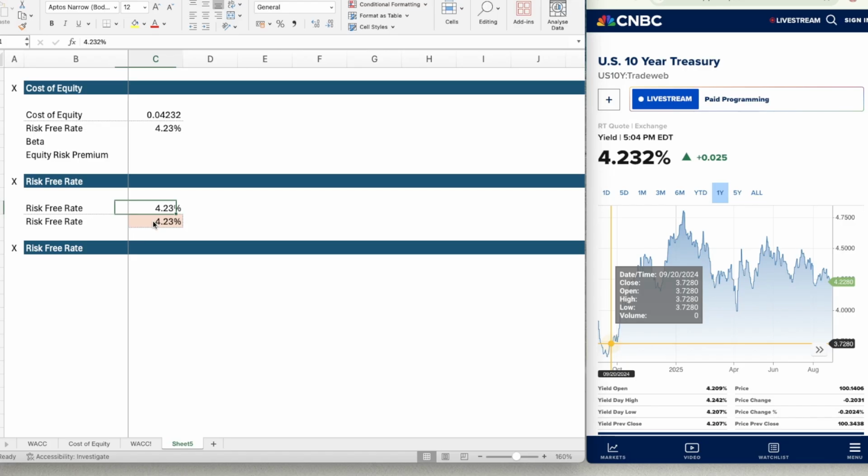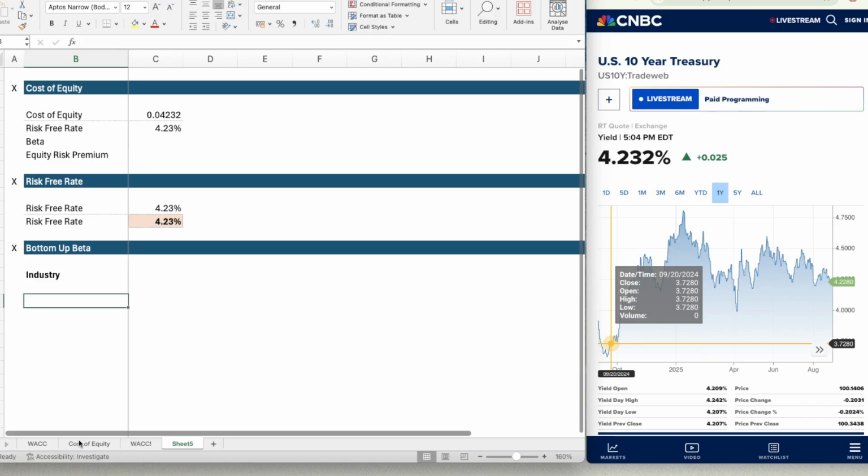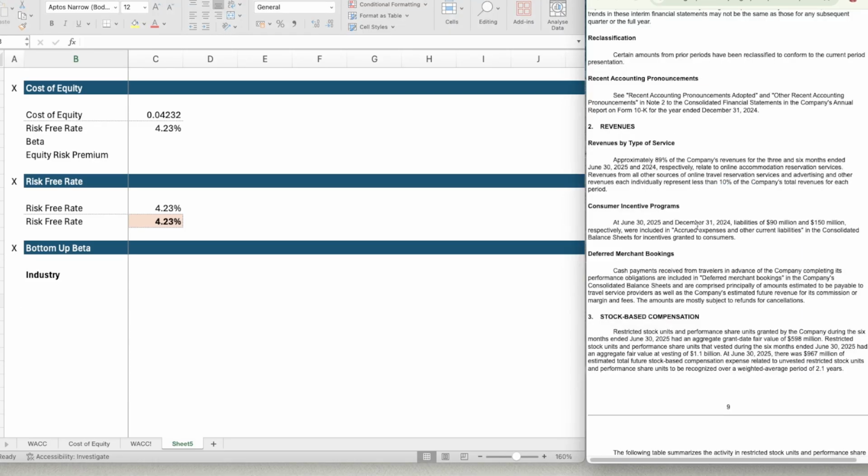Then the next is the bottom up beta. And this one is a bit more difficult because we have to identify the industries that Booking operates in and find a weighted average of each of them so that we can get a more accurate beta. And this is actually quite interesting on the revenue.